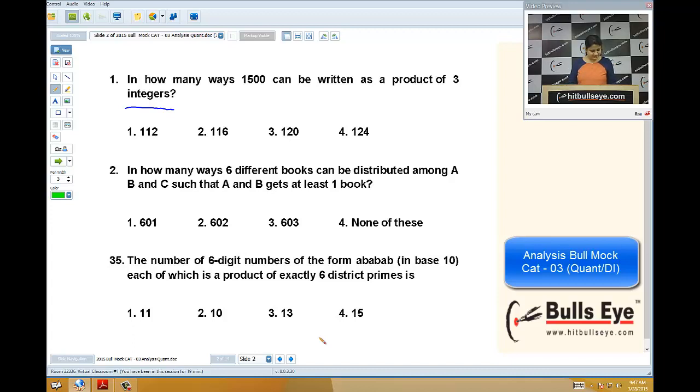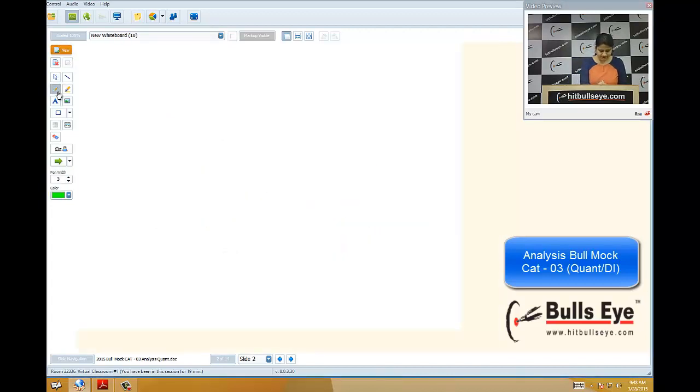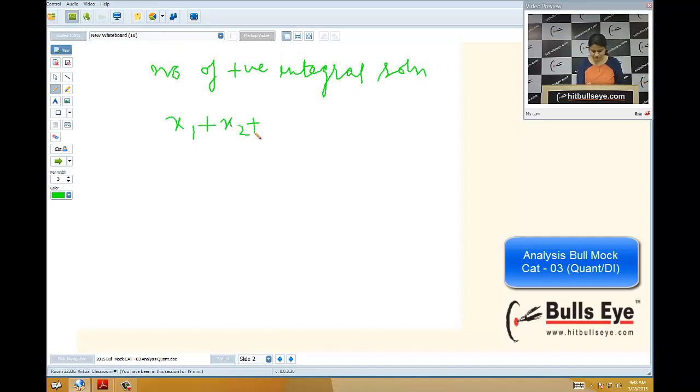Aman, you have written, please explain A1 plus A2 plus A3 again. That is a formula. Let me write the formula first of all. Very important formula. It's a derivation of permutation and combination. That is the number of non-negative integral solutions of the equation x1 plus x2 plus so on up to xk is equal to n.